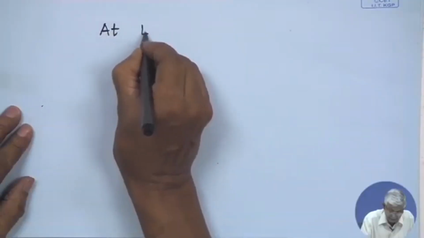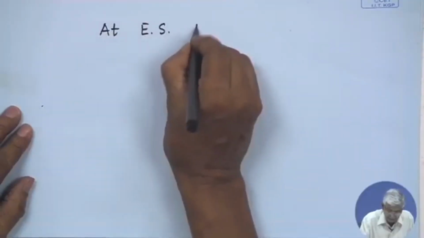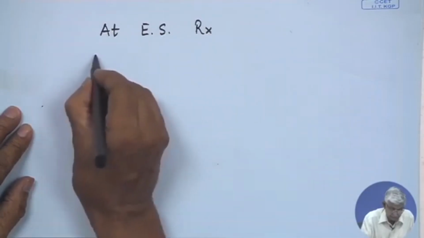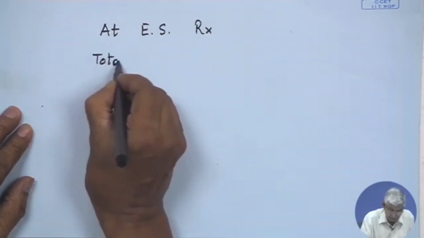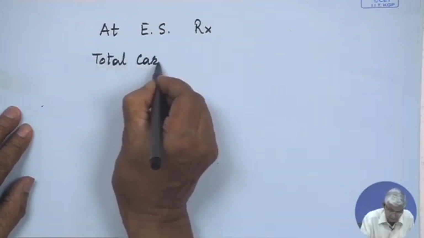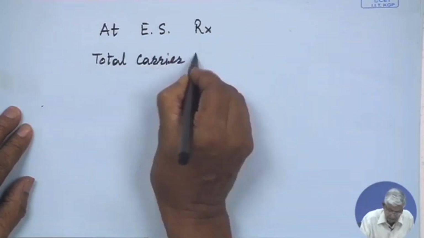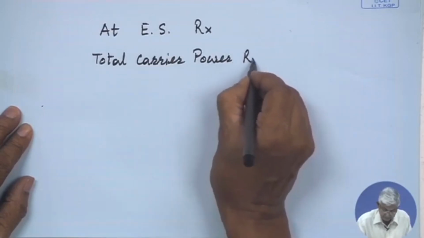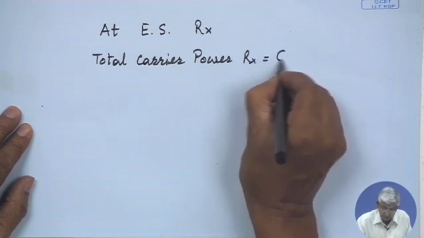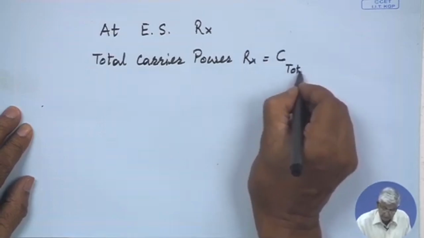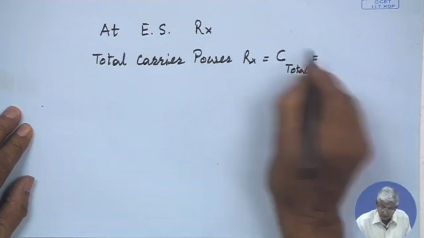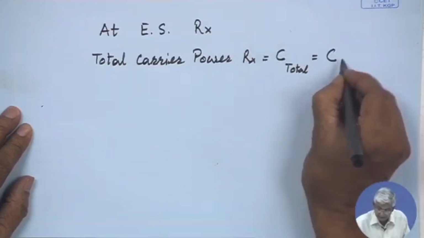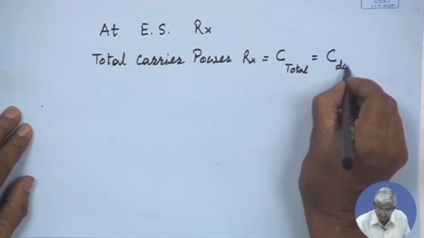So, quality of service we see at the receiver. So, at the earth station receiver, the total carrier power received is called C total. What is received actually is the downlink carrier. So, it is the same as C down.